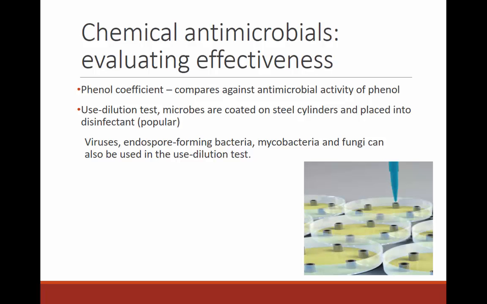That is dried on that metal cylinder. Then the disinfectant that is under test, you have different concentrations of that. You make different concentrations, and then you drop those little cylinders that have the dried bacteria on them into this growth medium, the different concentrations of disinfectant.